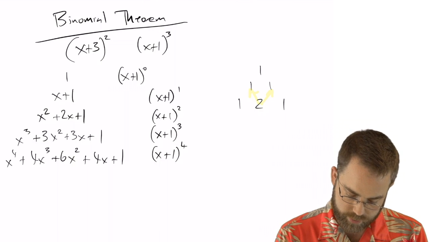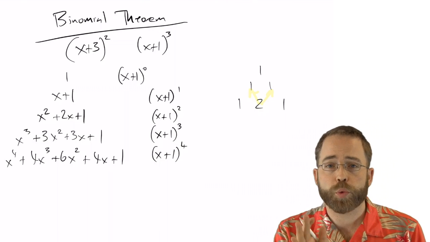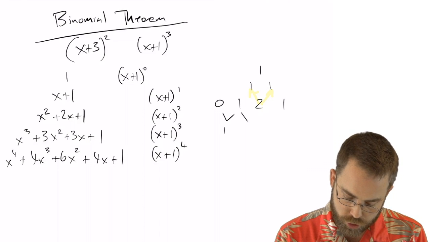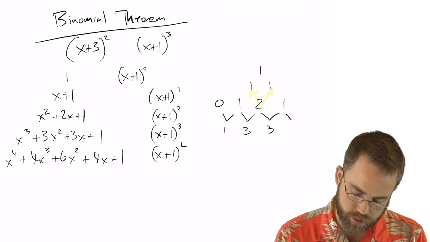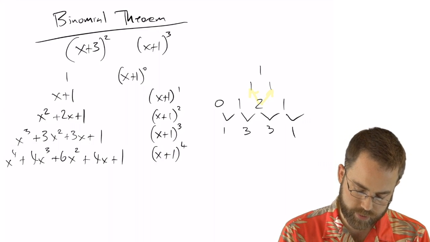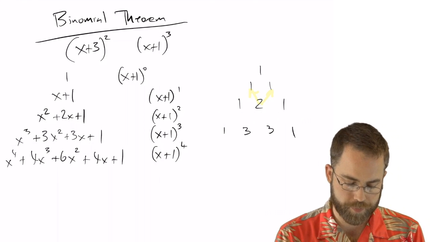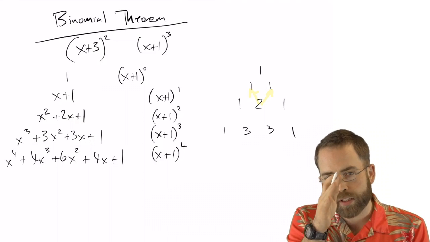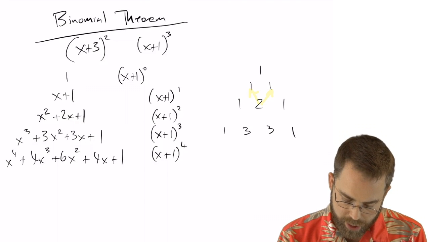On the outside, it's like there's just zeros all around, and so then 0 and 1 make 1, 1 and 2 make 3, 2 and 1 make 3, 1 and 0 make 1. So that's the next level there. And then you just keep adding, and all along the outside, you're going to have 1s, and you just keep adding them down.